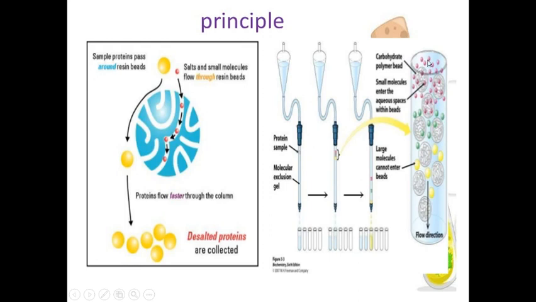But the purple molecules travel through the beads, and from one bead to another it takes a longer time in the column. So the retention time for the purple is very large compared to the yellow and green. In this way, gel filtration chromatography is able to separate different molecules based on their size and shape.